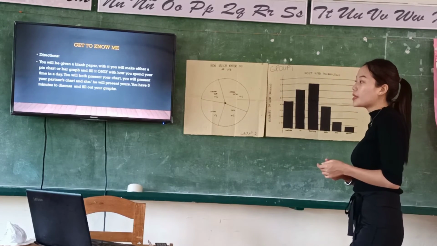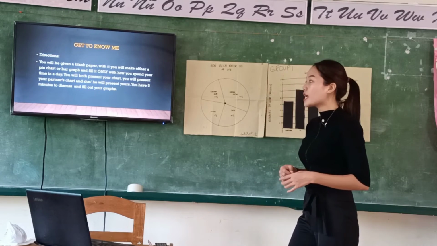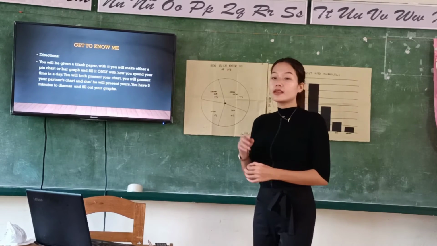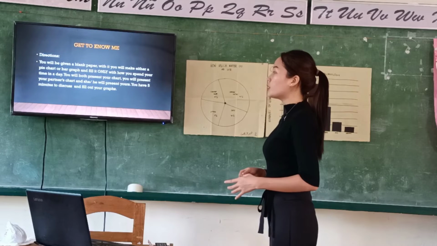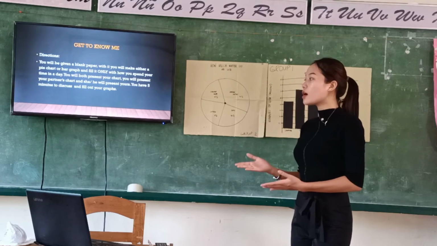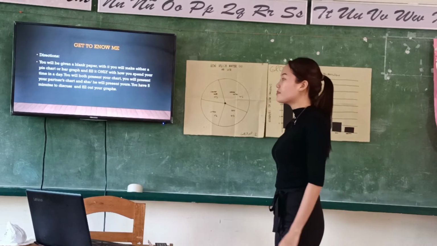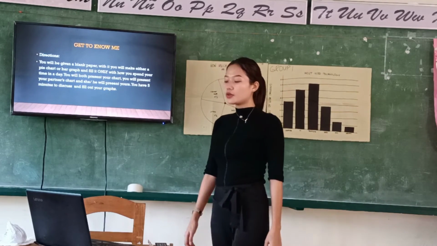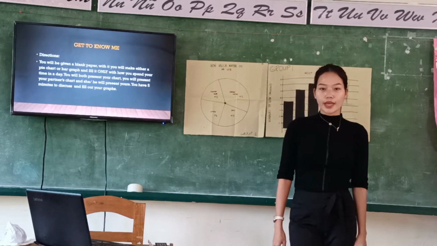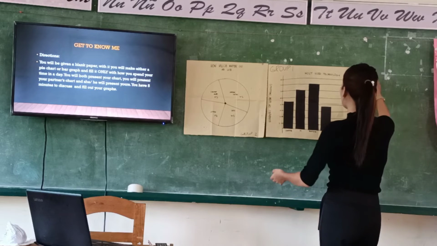With it, you will make either a pie chart or bar graph and fill it only with how you spend your day, your time in a day. You will both present your chart, and you will present your partner's chart, and he will present yours. You have 5 minutes to discuss and fill out your graphs. Okay, so take your time, and I will be taking this.